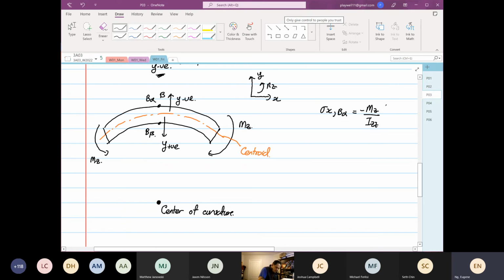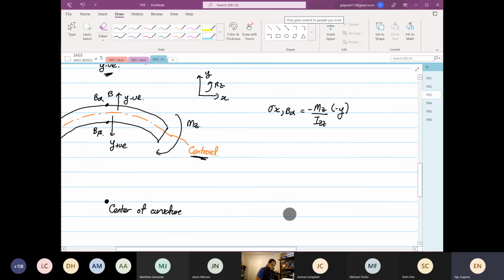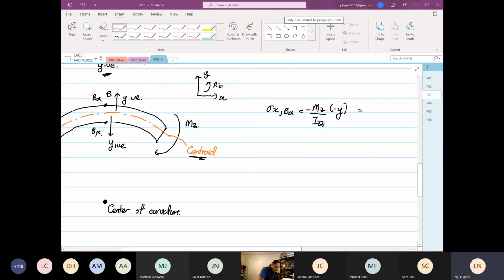Now your y is what? Negative. Right? Because point B alpha, the y direction relative from the centroid, okay, everything's relative from the centroid, is pointing away from the center of curvature. So this you get equal to positive Mz over Izz multiplied by y.